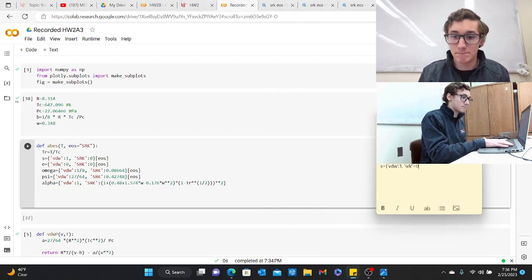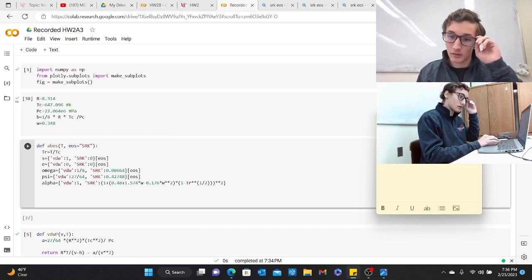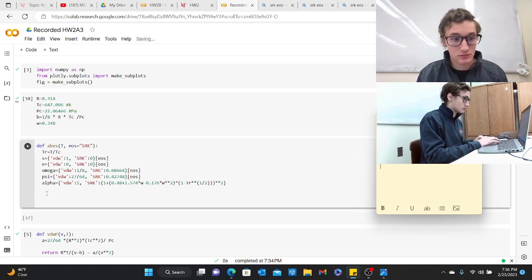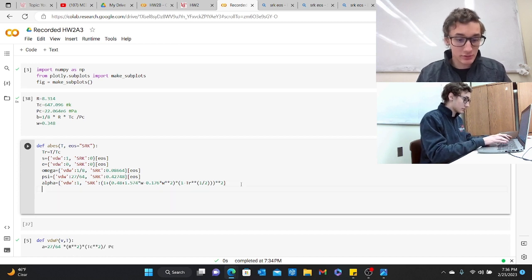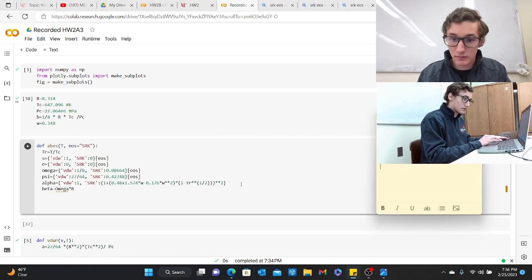Let's look at beta. So beta is omega. Now this is something that's not unique. So we're going to beta equals omega times R, right?